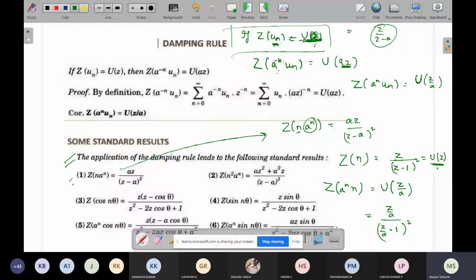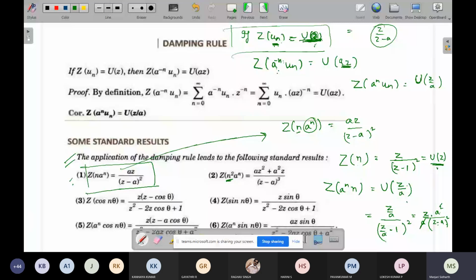Wherever you have z in this function, replace it by z by a. That means z by a over (z minus a) whole square times a square, so az over (z minus a) whole square. Proved, right?